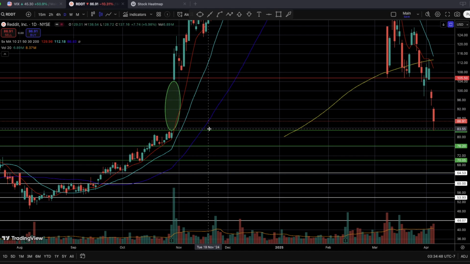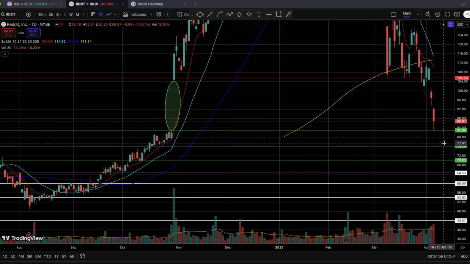The gap low here was at 82.98, and last Friday's low of the day was at 82.80. So this gap fill came down to a couple of cents, and then the price immediately pivoted and bounced back up higher.